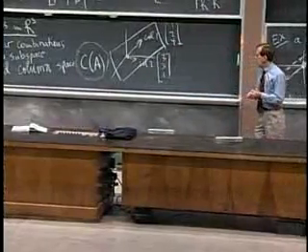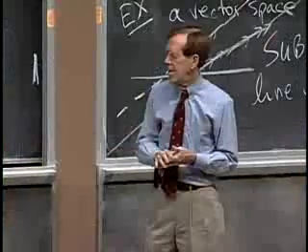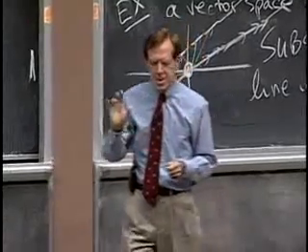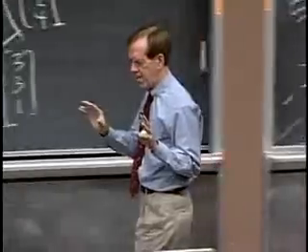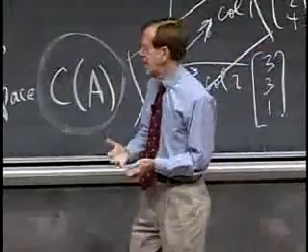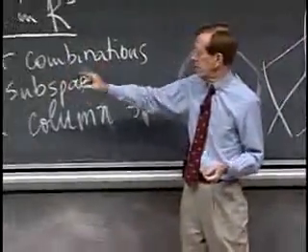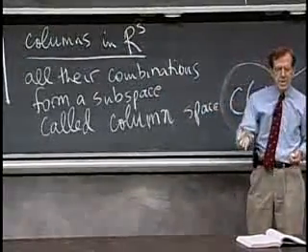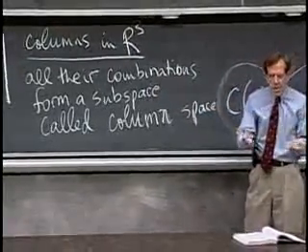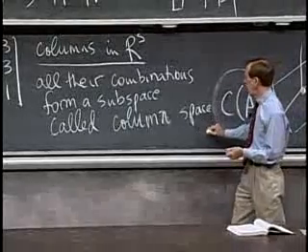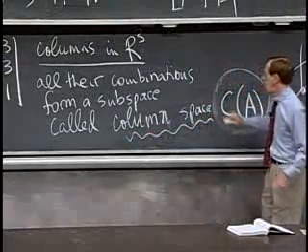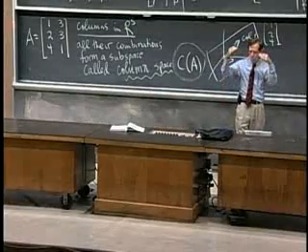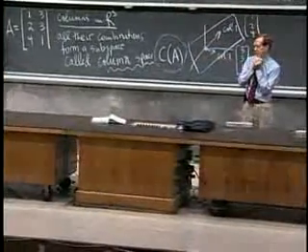Okay. I'm going to stop at that point. That's the central idea of the great example of how to create a subspace from a matrix. Take its columns, take all their linear combinations, and you get the column space. And that's the central idea, we're looking at linear algebra at a higher level.